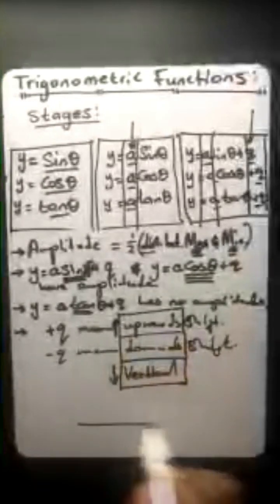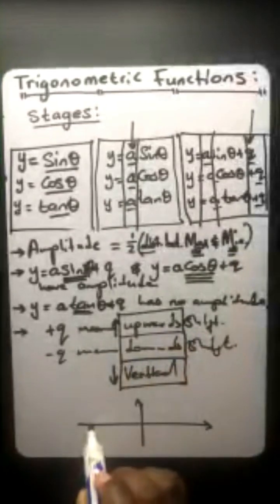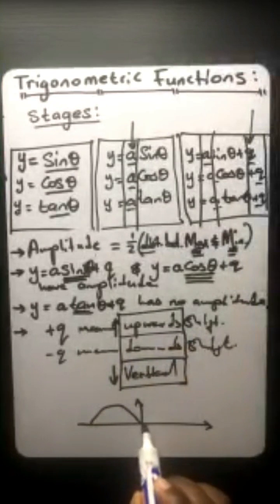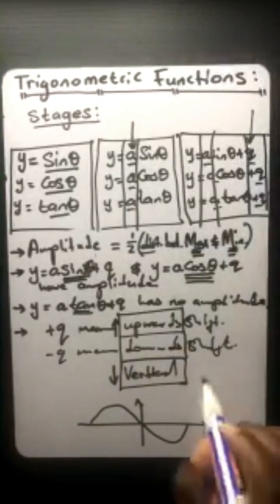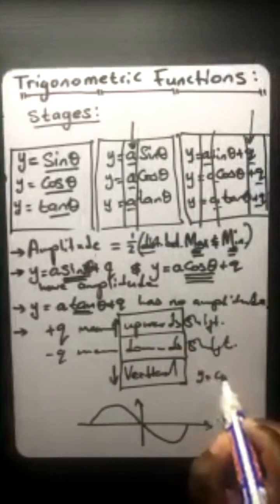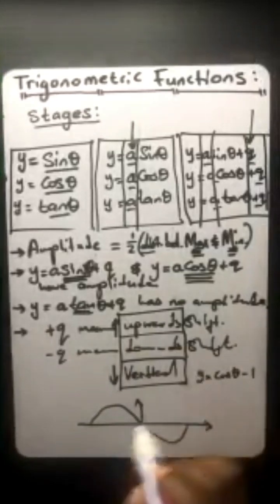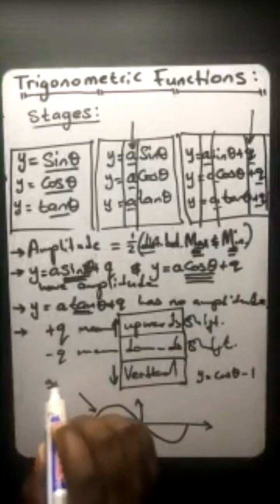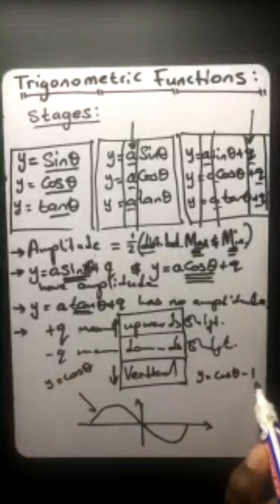Maybe, for example, you had something doing something similar to that, and now they say this has shifted downwards. Let's say it was y equals cos of the angle, I'm just giving you an example, and now they say it shifted downwards by -1.